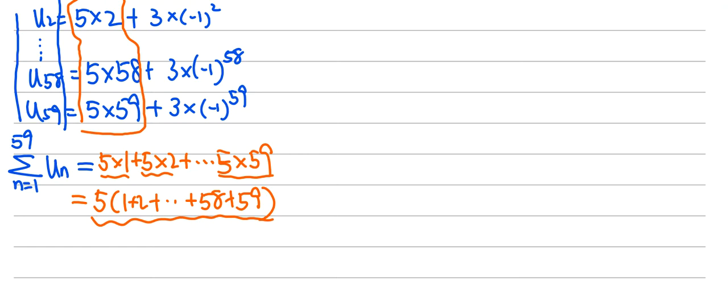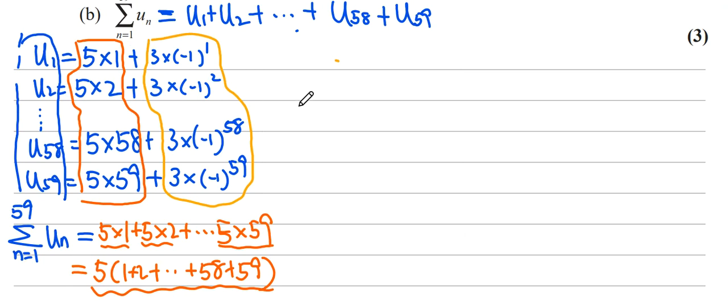It can be calculated. Now, let's see what we have for this yellow sequence. I think it has some pattern too, right? Maybe it is not very easy to spot, but let's notate this yellow sequence as Bn.